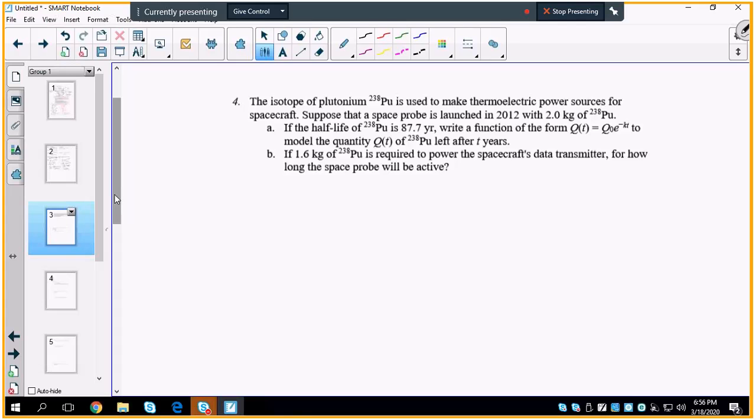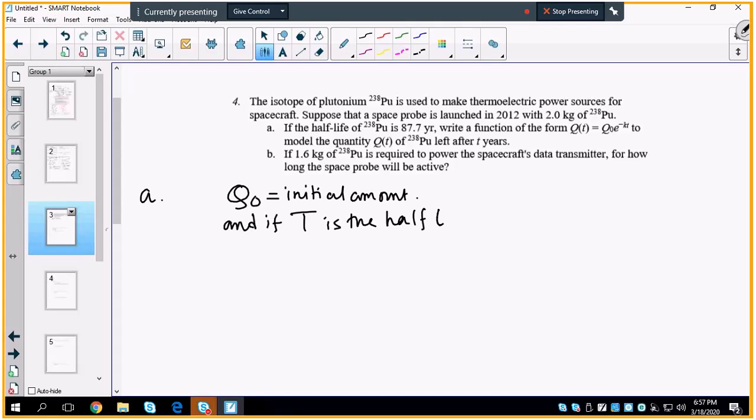So first, we need to understand what we mean by half-life. So if Q naught is the initial amount, and if capital T is the half-life, then after capital T, the amount left is half of the initial amount, which is Q naught over 2.